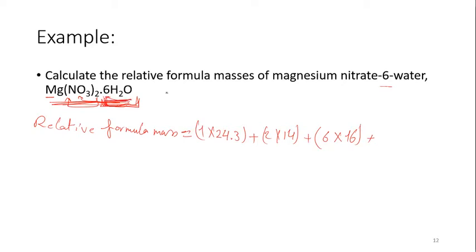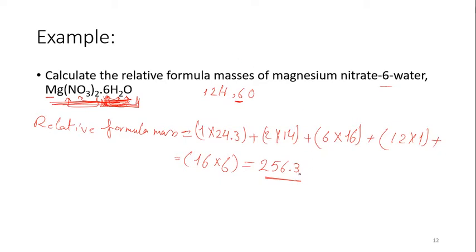For 6 H2O, this means I have to multiply the 6 by the 2 and the 6 by the O. So I have 12 hydrogens and I have 6 oxygens. So here would be plus 12 multiplied by relative atomic mass of hydrogen, which is equal to 1, and 16 multiplied by 6 oxygen atoms, and the sum for that would be equal to 256.3. So my relative formula mass is 256.3.